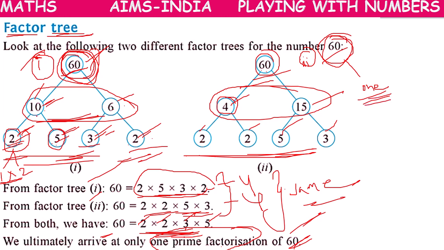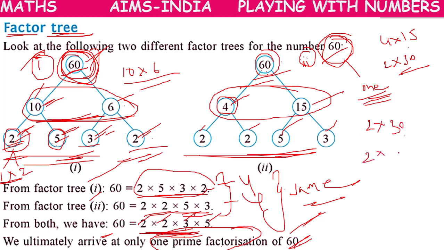Factorizations may be different. This 10 into 6 is called a factorization. This 4 into 15 is called a factorization. Even we can write it as 2 into 30. 2 is written the same, and 30 is written as 5 into 6. Again 2 is the same, 5 is the same, and 6 can be written as 2 into 3.